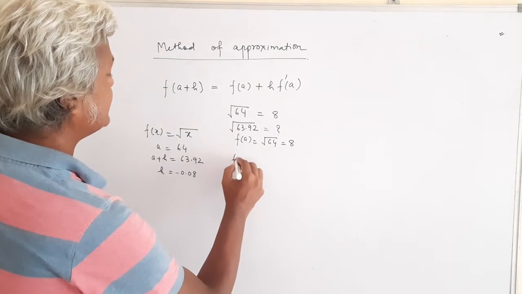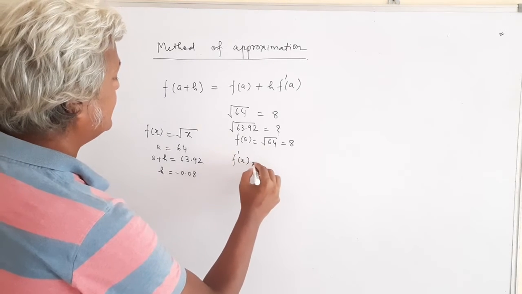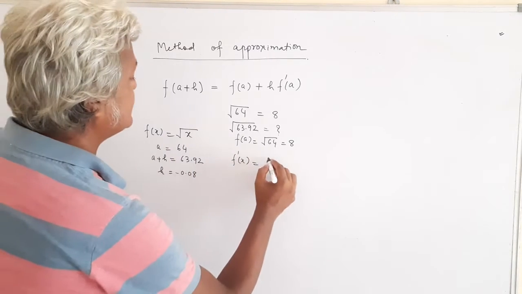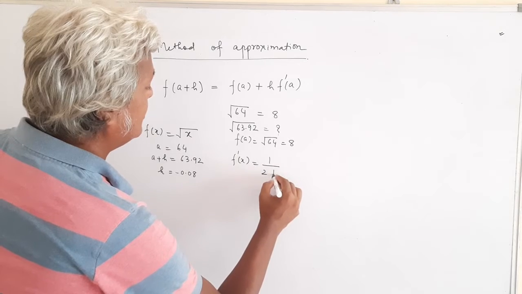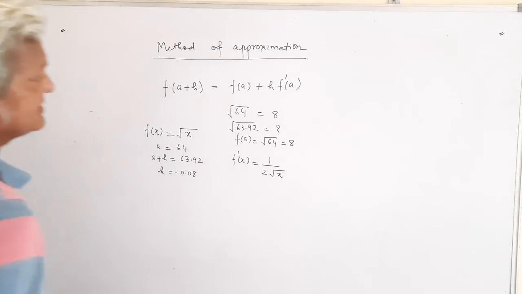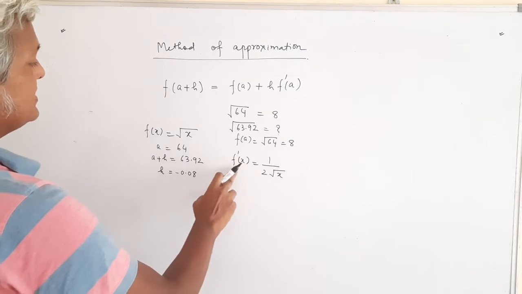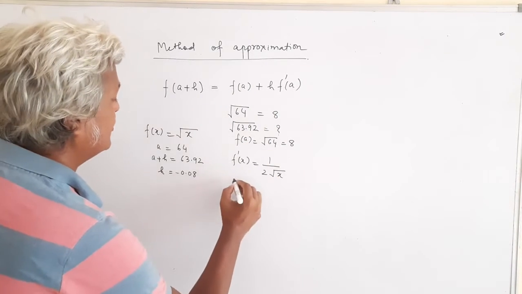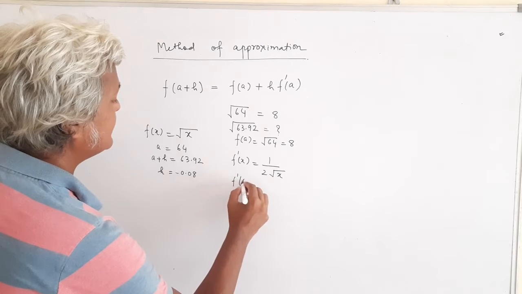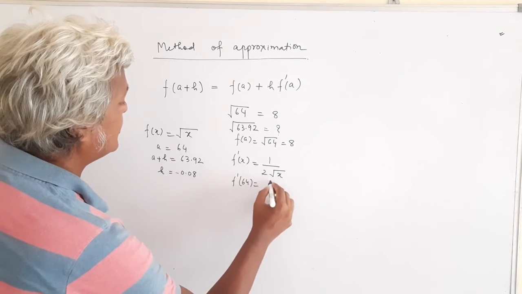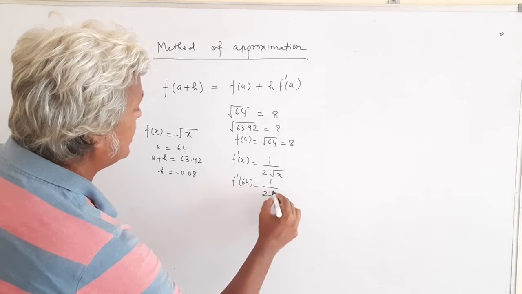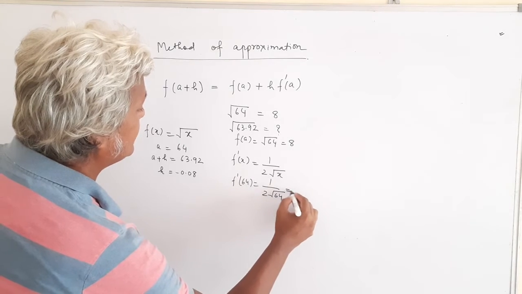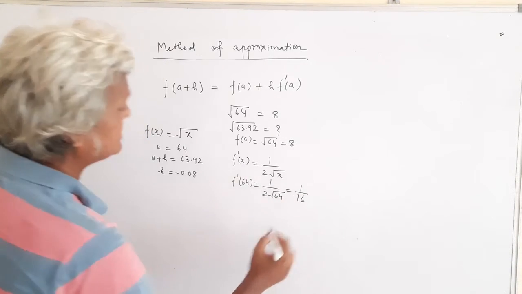What is f'(x)? The differentiation of root x is 1 over 2 root x. Then you find the differentiation of this function at a. a is 64, so f'(64) is 1 over 2 times the square root of 64, that is 1 over 16.